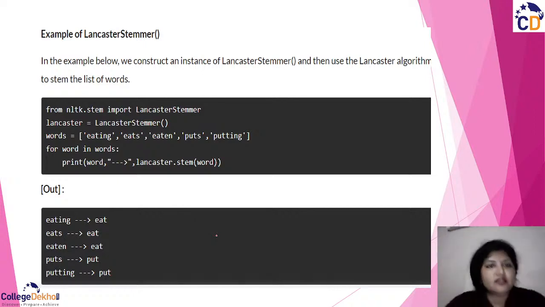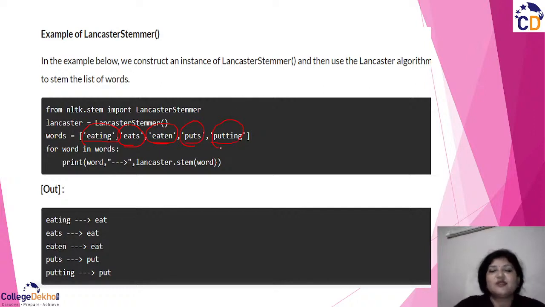Again, let us see some examples of the Lancaster stemmer. We have taken a list of words that are associated with eating or eat, right? Eating, eats, eaten, then puts and putting. So there are a number of words in a list, and we are applying the Lancaster stemmer to perform the stemming function.